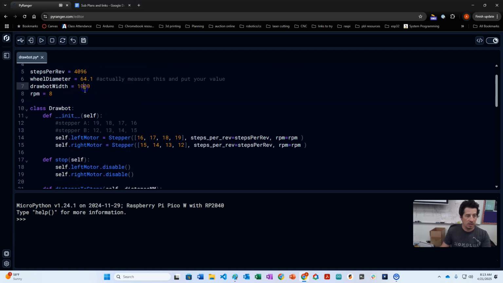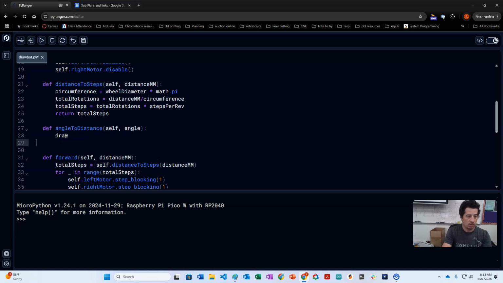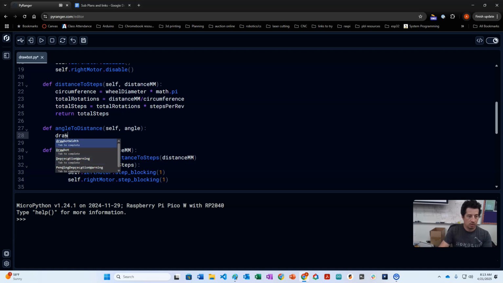Oops, I made it too big. I said 1,000; it should be 100 here, and you're going to actually measure it. So drawbot width, multiplied by the angle, which is in degrees, times pi, divided by 360. And we're just going to return that.